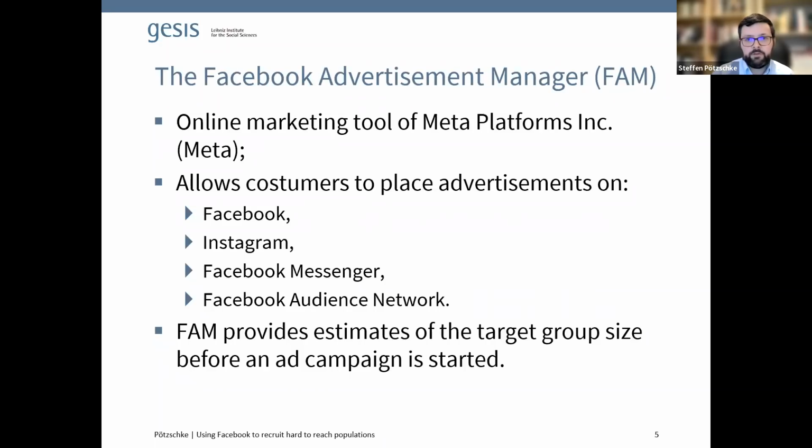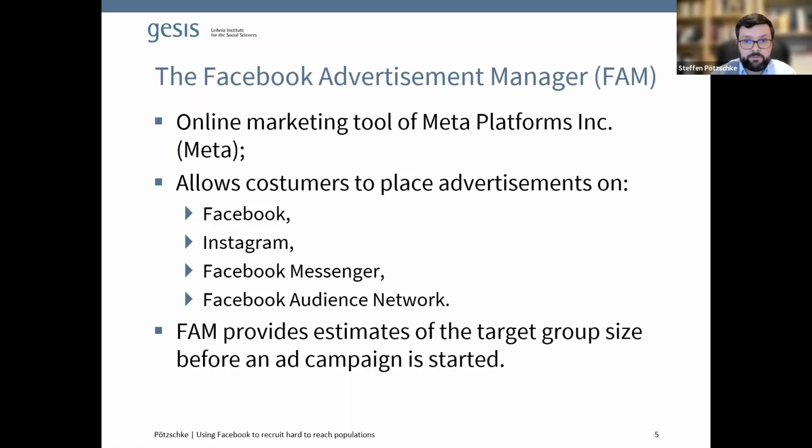The Facebook Ads Manager, just to recap very quickly, is the advertisement tool provided by Meta Platforms Incorporated.